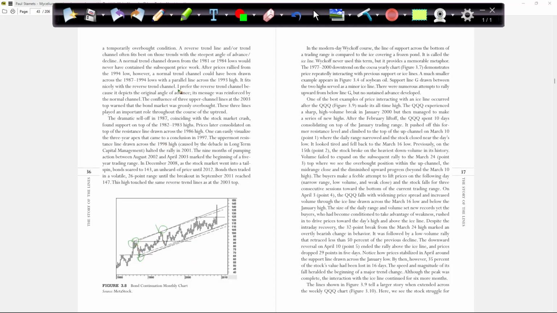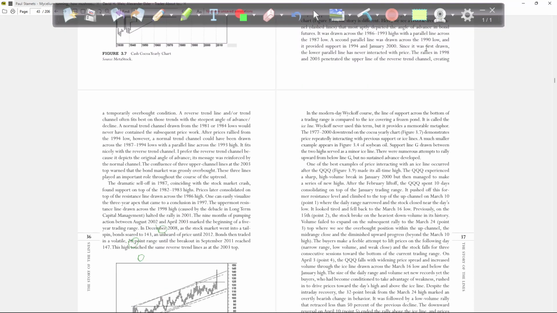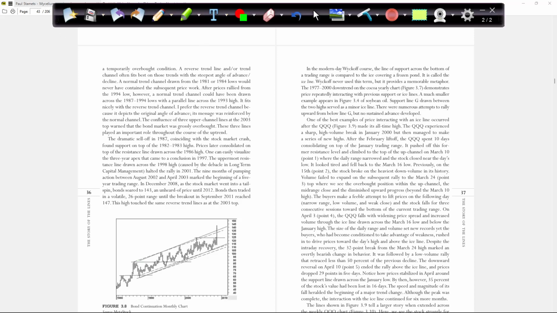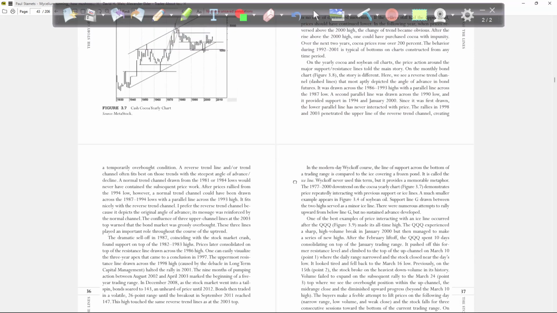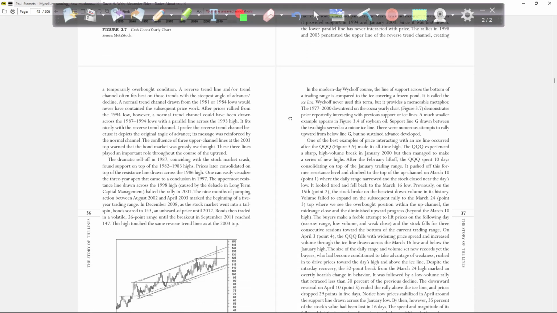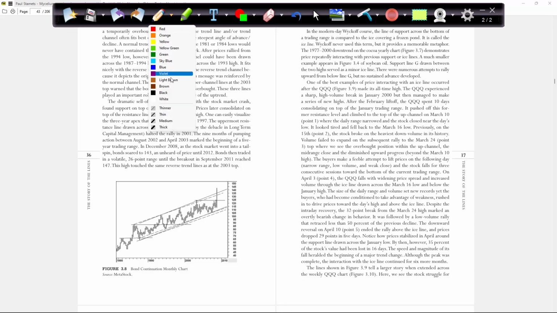A second parallel line was drawn across the 1990 low, and it provided support in 1994 and January 2000.